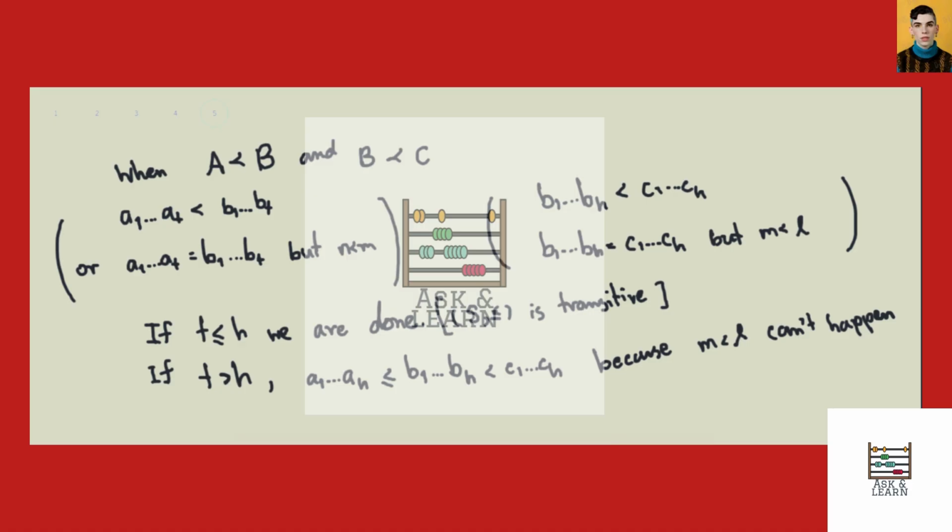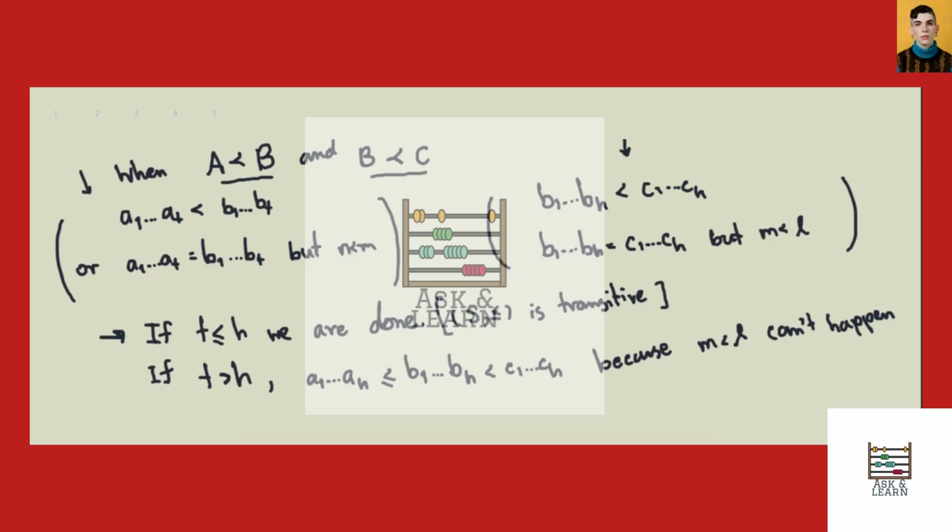When both A is strictly less than B and B is strictly less than C, that means we'll have these two branches that we established early on, right? When the strictly less than relation happens, then for each pair, one of two things has to happen. Now consider two cases.